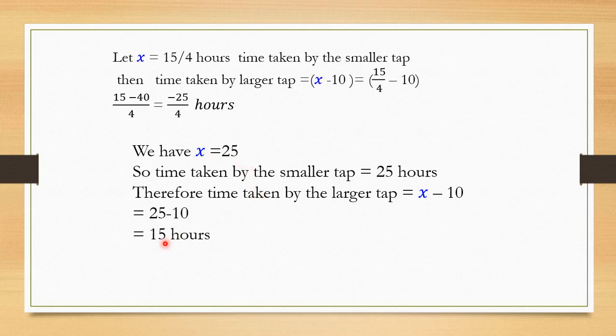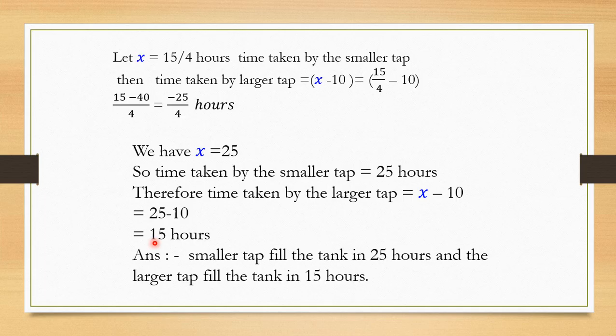In this case, the time taken by the larger diameter tap is 15 hours. So the smaller tap can fill the tank separately in 25 hours and the larger tap fills the tank separately in 15 hours. So this is the solution for question number 10 of exercise 4.3.